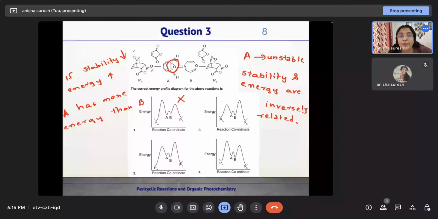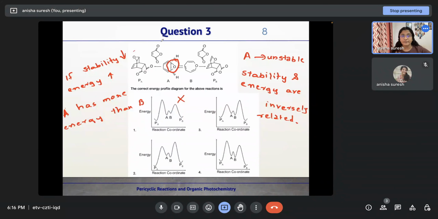So for A to Pa, this reaction rate will be faster. So the activation energy here will be lesser. And this B is a seven-membered ring, which is flexible.